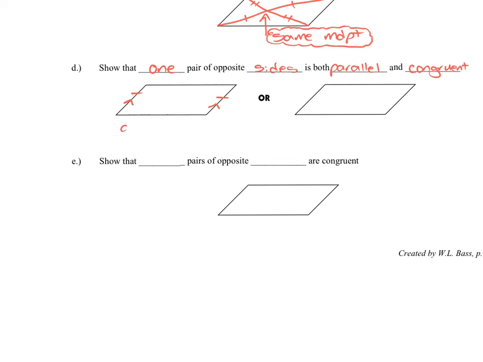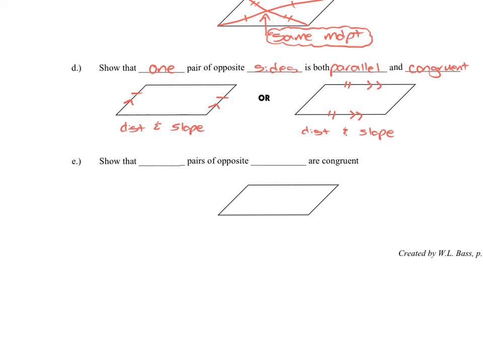So I would have to do both distance and slope, but I would be using the same pair of sides both times. It doesn't matter whether I choose those sides or these sides. What matters is that when I do that distance and slope, I use the same pair of sides for both computations. So that would take care of that.